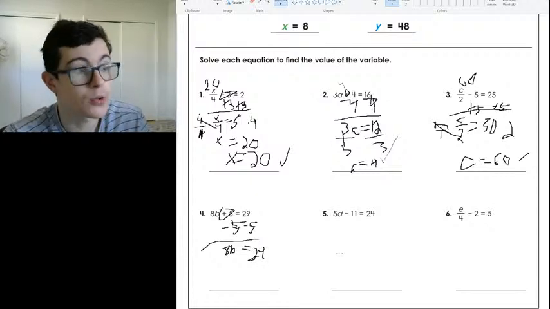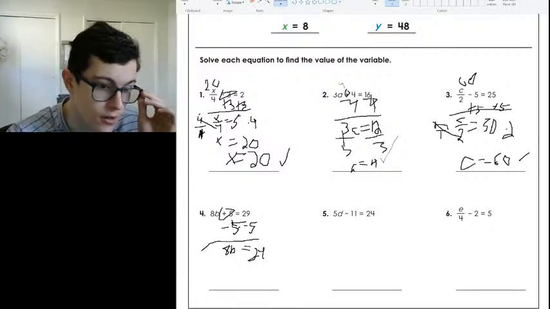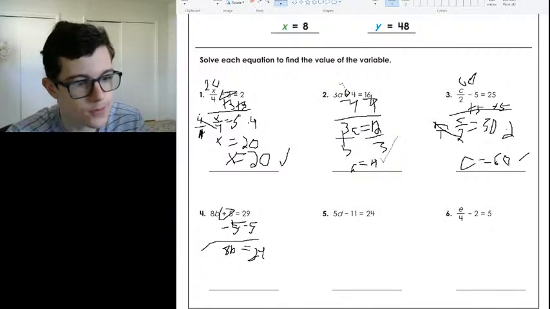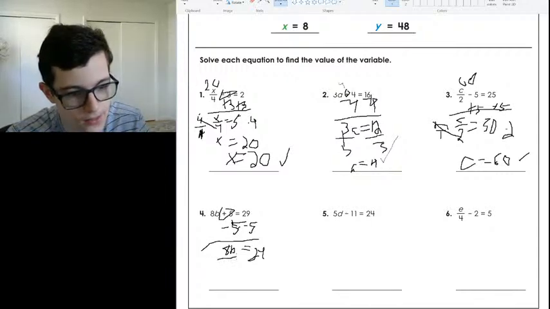So now we have 8b equaling 24, we will do the inverse operation of multiplication, which is division. So we'll divide both sides by 8. You have b equal to 3.